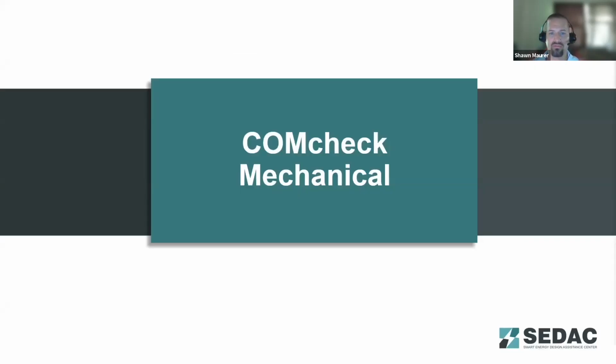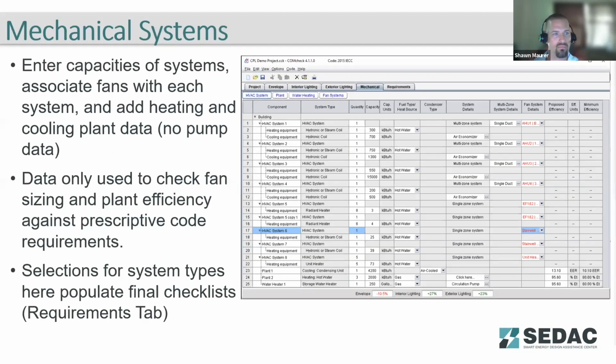I believe we'll move on to the mechanical section. For mechanical systems, what you're entering here in COMcheck is the different fan systems in your facility.